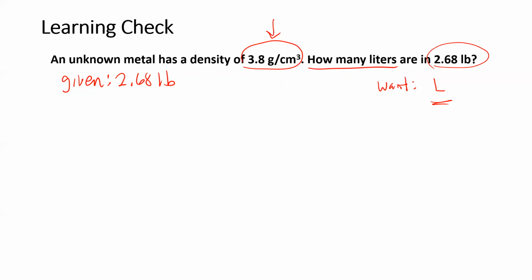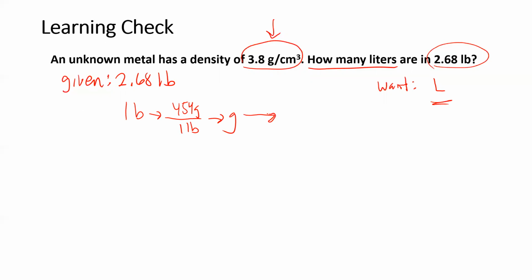And now I have to figure out, well, what do I do? I can convert pounds to grams, right? So I can do my download dump, right? I know in 1 pound, there's 454 grams. So that allows me to go from pounds to grams.